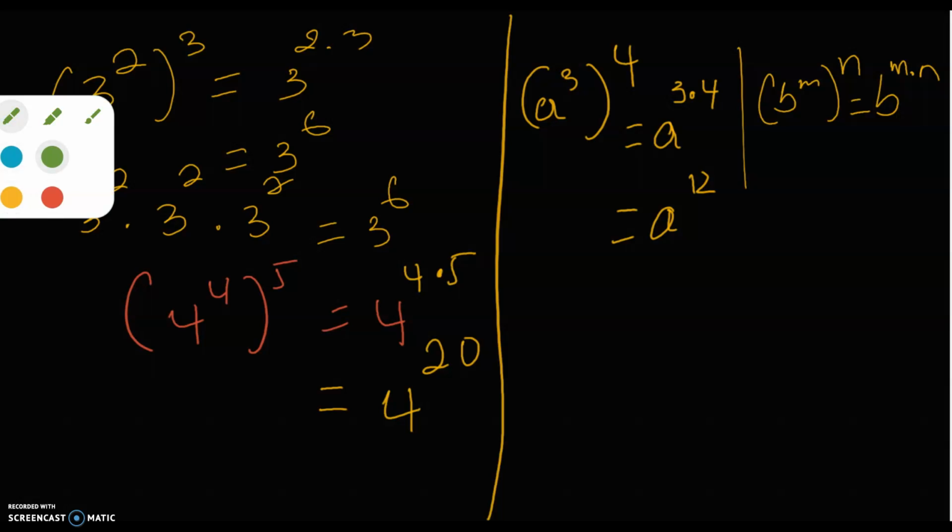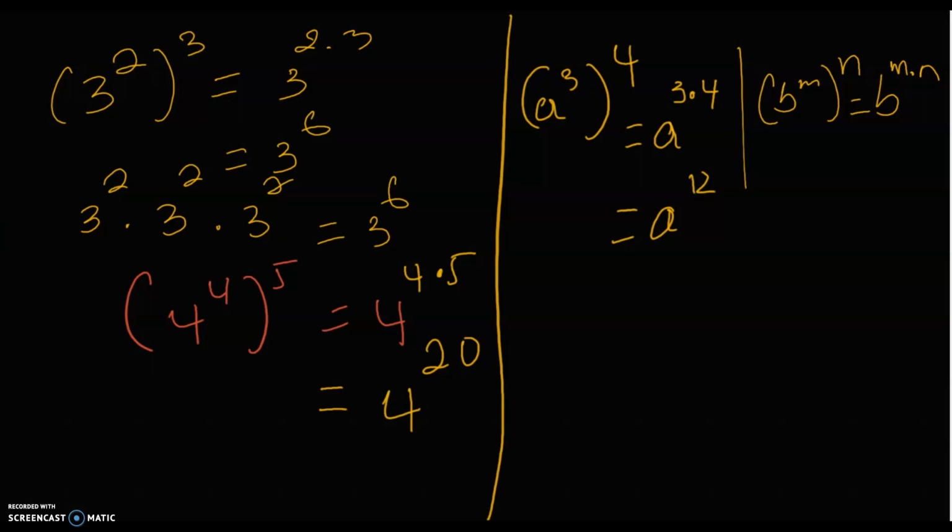So I'm going to show you how you get it. Imagine a to the third power raised to the fourth power is basically a to the third power times a to the third power, 4 times.